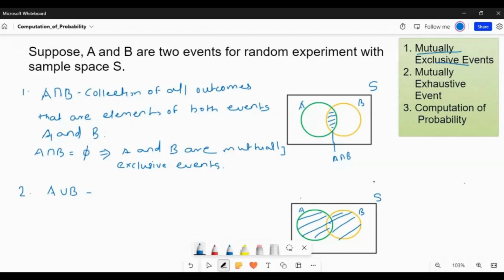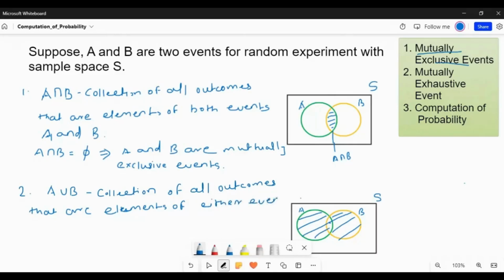So A union B is the collection of all outcomes that are elements of either event A or B or both, right?